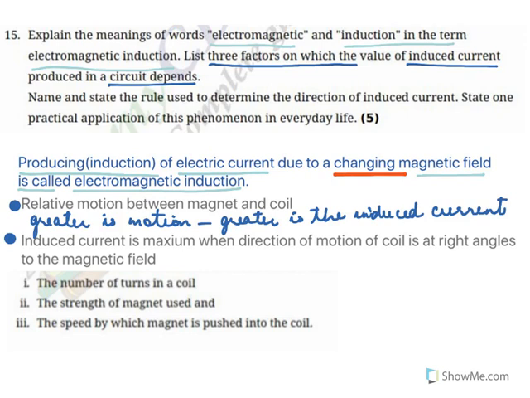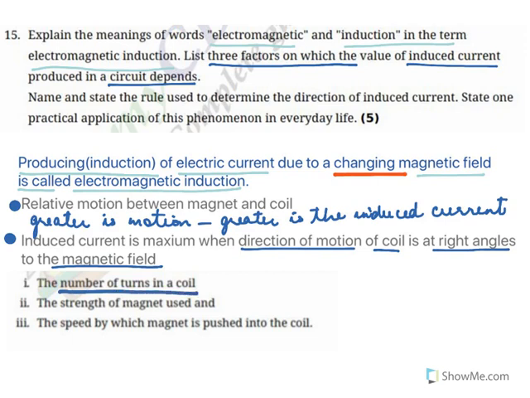The induced current also, remember, is maximum when the direction of motion of the coil is at right angles to the magnetic field. We can also say the induced current depends on the number of turns in the coil.